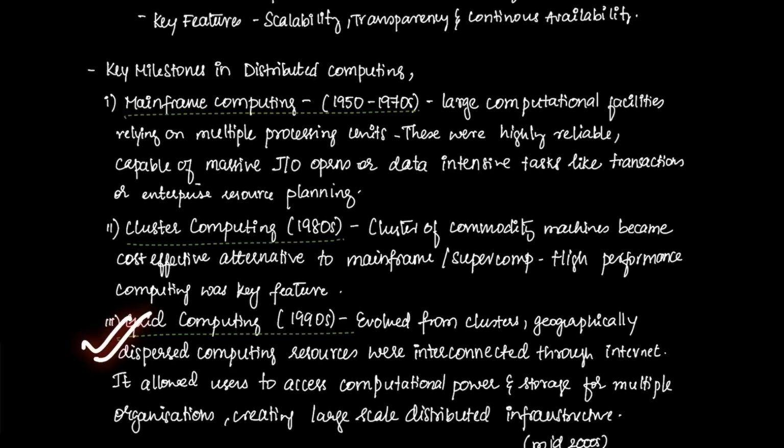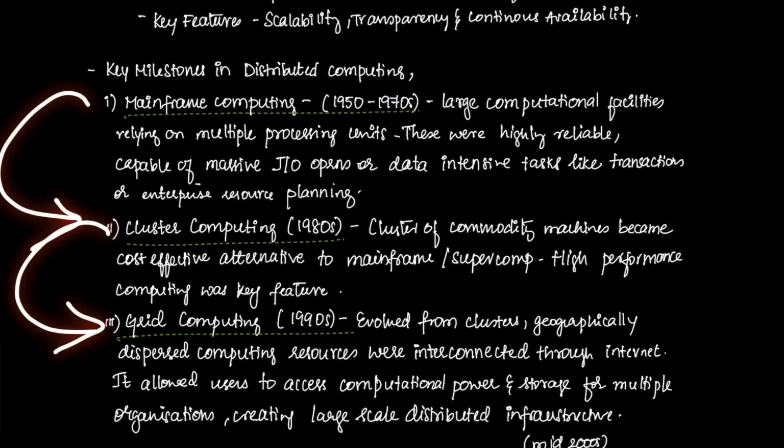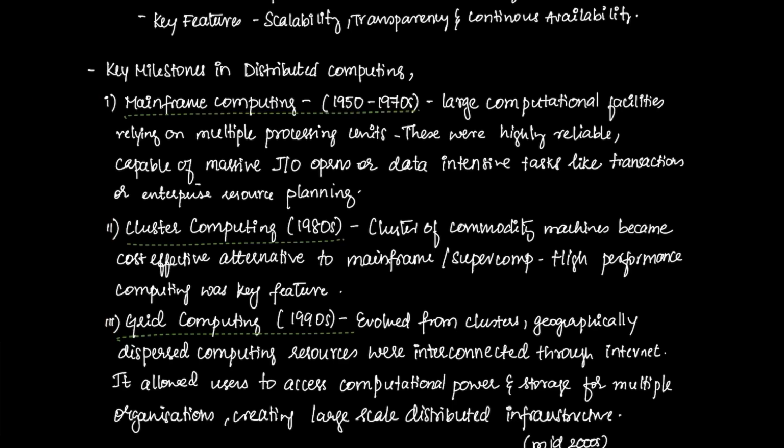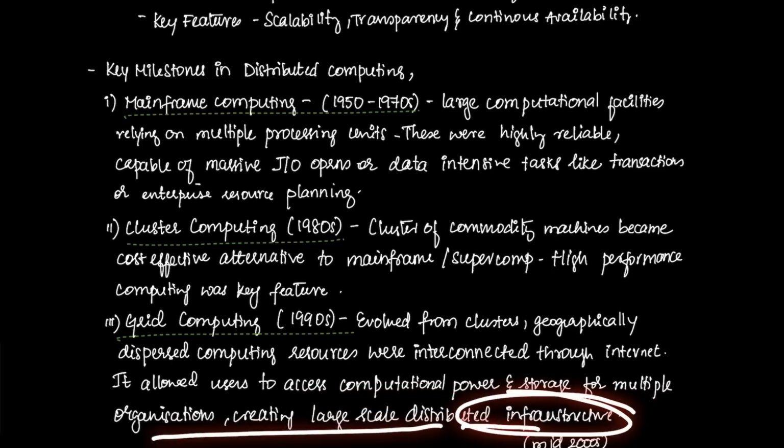Then we have grid computing. This was invented in the 1990s. Grid computing evolved from cluster computing, where geographically dispersed computing resources are all interconnected through the internet. Grid computing allows the users to access the computational power and storage of multiple organizations, creating a large scale distributed infrastructure.